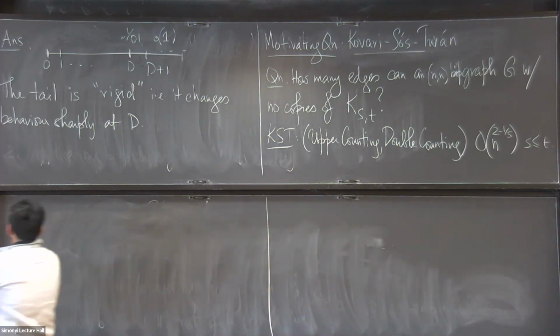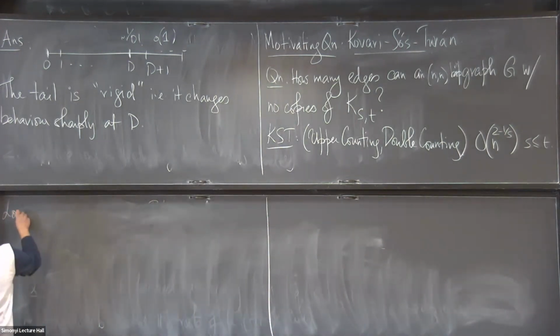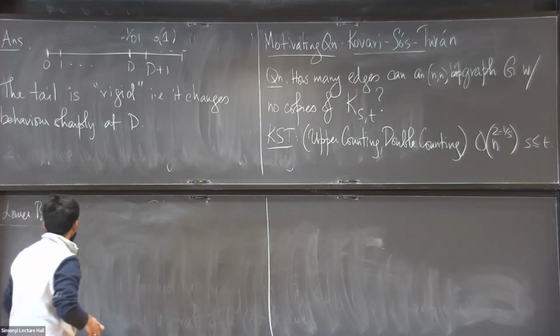So what do we know in terms of lower bounds? Well, in some sense, not much, because in some ways, the most interesting case is when s equals t. In this case, we have no idea except for some sporadic small values, where some projective plane type constructions tell you something.